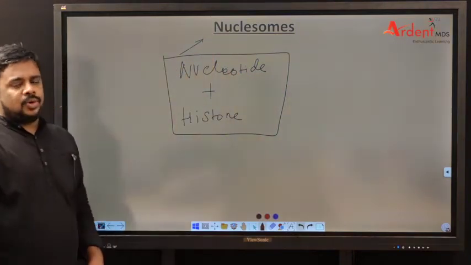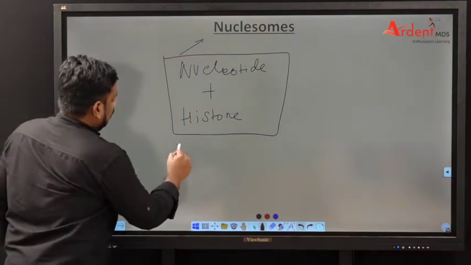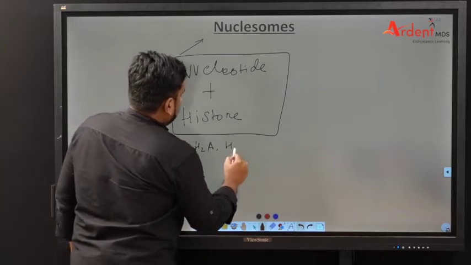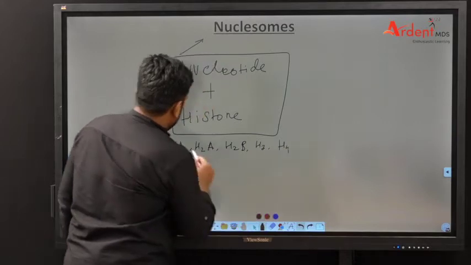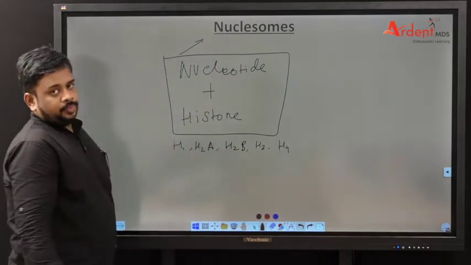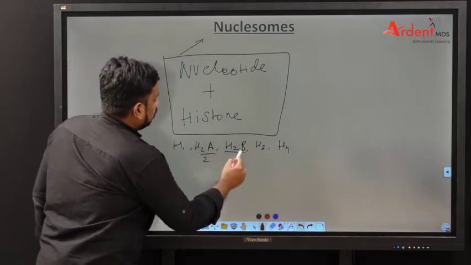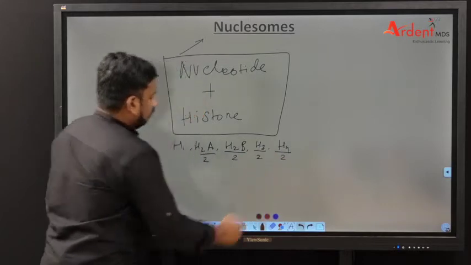And histone has several types of protein like H1, H2A, H2B, H3 and H4 are the subtypes of histone. And two molecules of H2A, two molecules of H2B, two molecules of H3 and two molecules of H4.